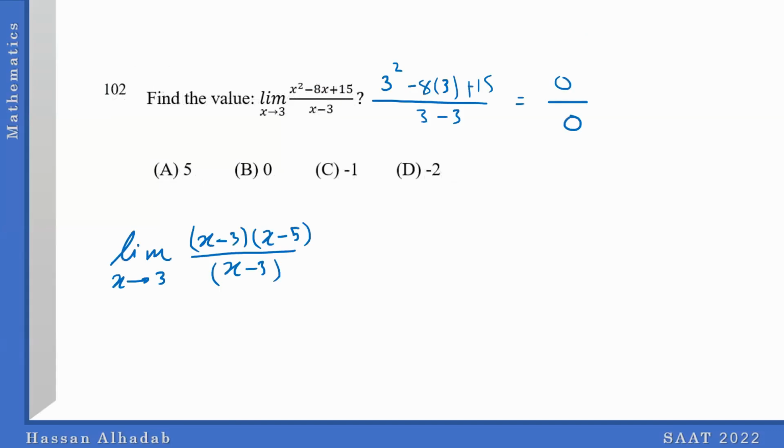Once you cancel the two factors, this is going to be the limit as X goes to 3 of X minus 5, isn't it? So now you plug in the number, this is going to be 3 minus 5, so the answer is -2.